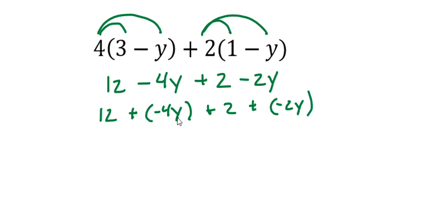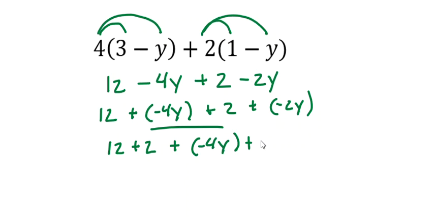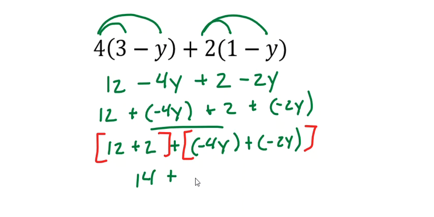And then I'll use a commutative property to swap those two, and the associative property to change the order in which I add these. So associative property to add these two together and these two together. So we get 14 plus negative 6y.